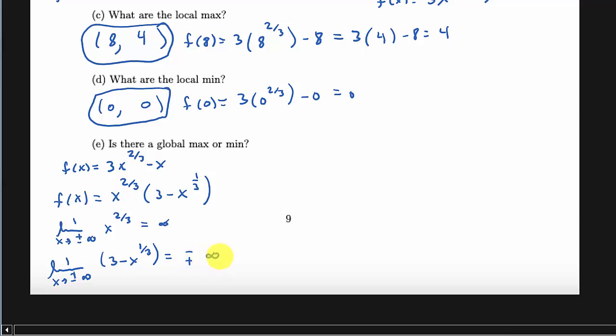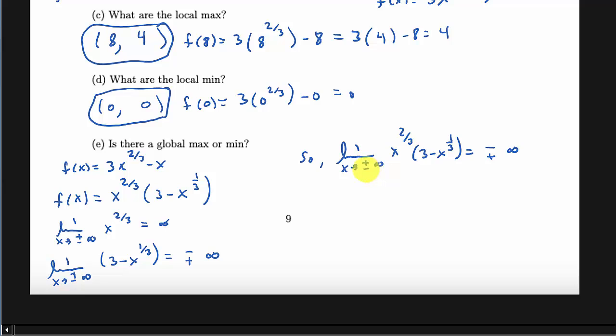So we've got the limit as x goes to plus or minus infinity of x to the 2/3 times 3 minus x to the 1/3. That's going to equal negative or positive infinity. So it's going to keep getting smaller and smaller.